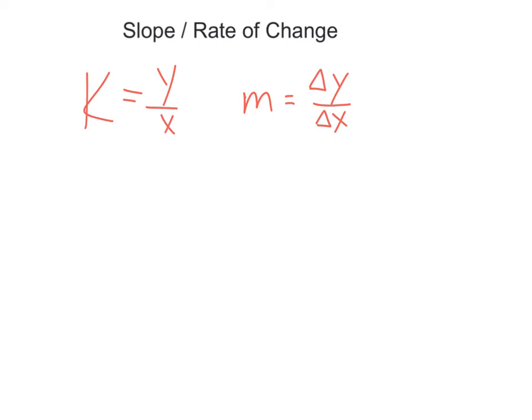Yeah, up and down, right? Y is our up and down. So, I'm going to draw that just to clarify. Y is up and down. X is left to right, side to side. So, when we're looking at our line, I want to know how much it changed up and down versus how much it changed left and right.